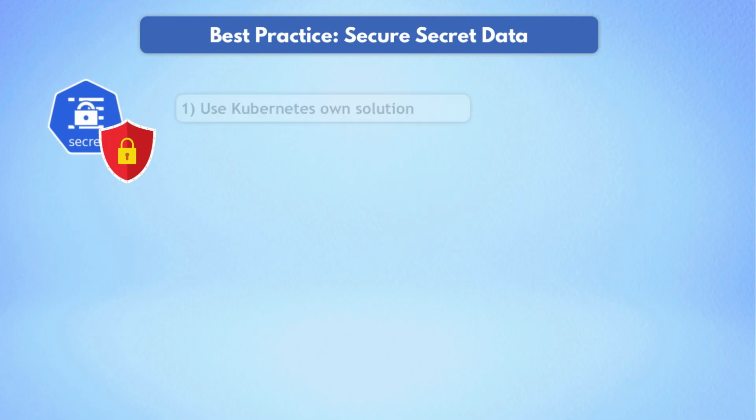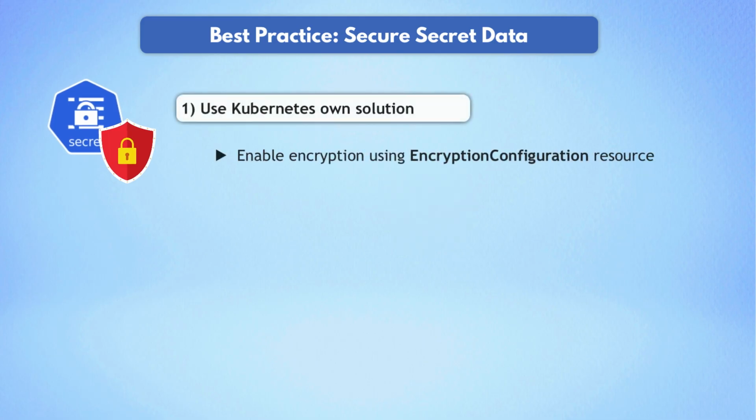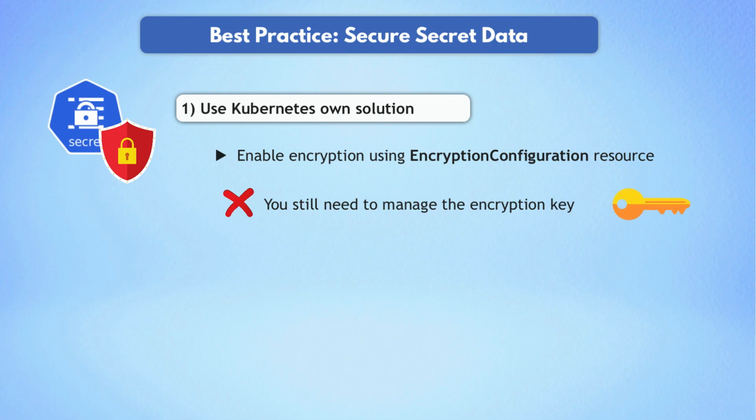The Kubernetes own solution is to enable and configure encryption using the encryption configuration resource. However, this still has an issue because you still have to manage the encryption key itself and store it somewhere securely. So some third-party tools can be used for this, like AWS KMS, which is Key Management Service, for example, can be used to manage the encryption keys.